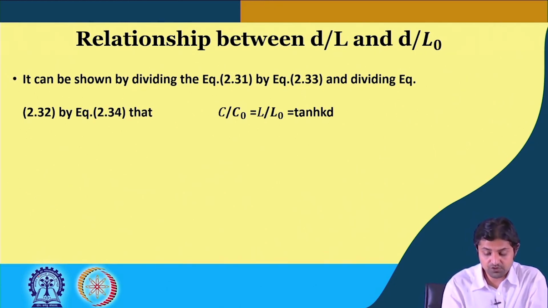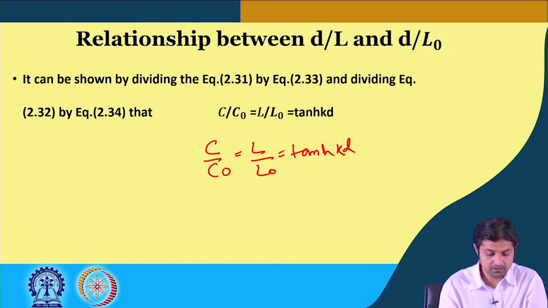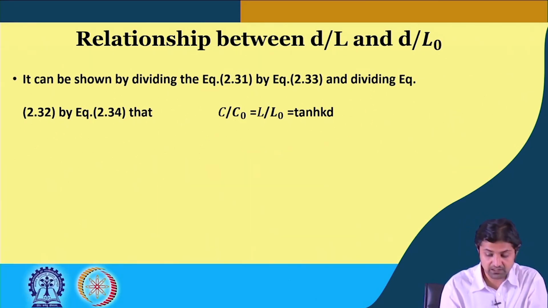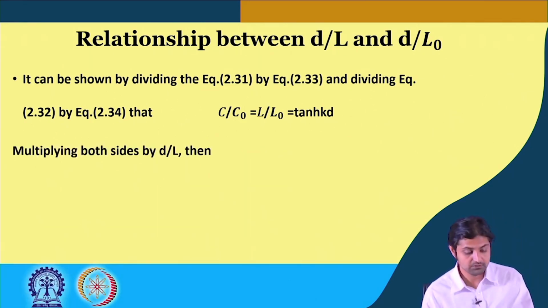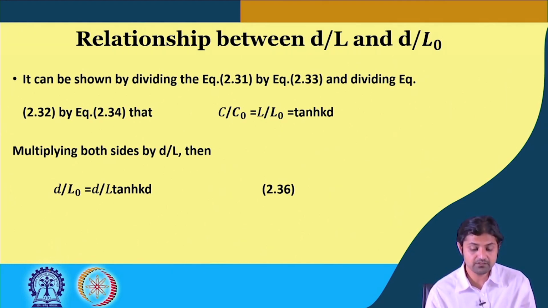So, if we divide those, we can get c by c naught is equal to L by L naught is equal to tanh kd. You can try this on your own. Now, if we multiply both sides by d by L, we can get d by L naught is equal to d by L tanh kd.